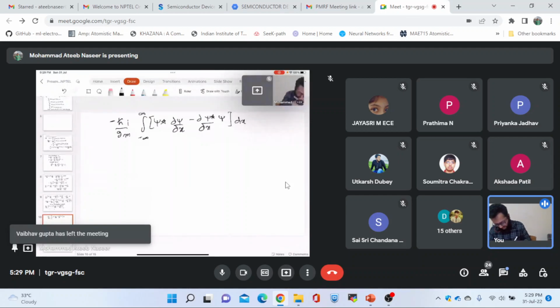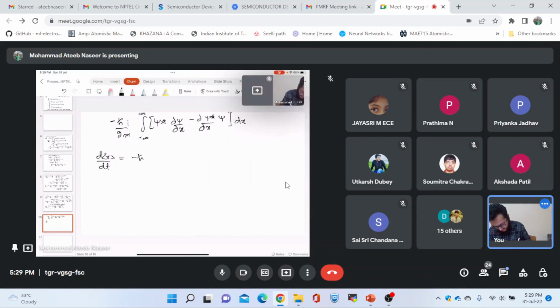So what we have done, we have reduced this expression for the velocity to be equal to minus h bar iota by 2m, minus infinity to infinity psi conjugate d psi by dx minus psi d psi conjugate by dx, with its integral over the space of x.